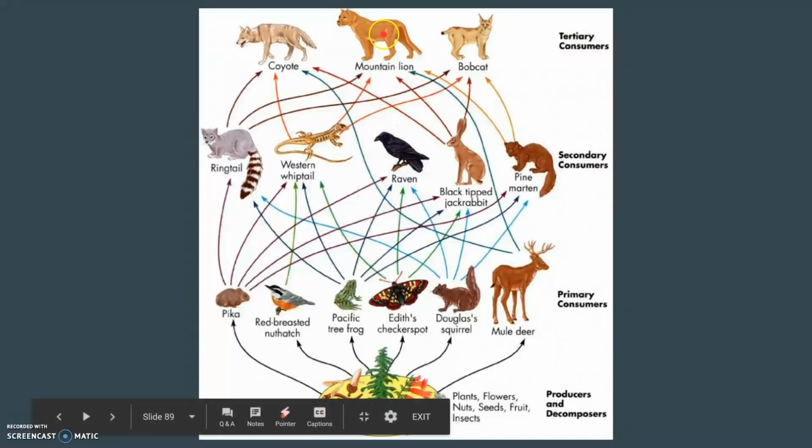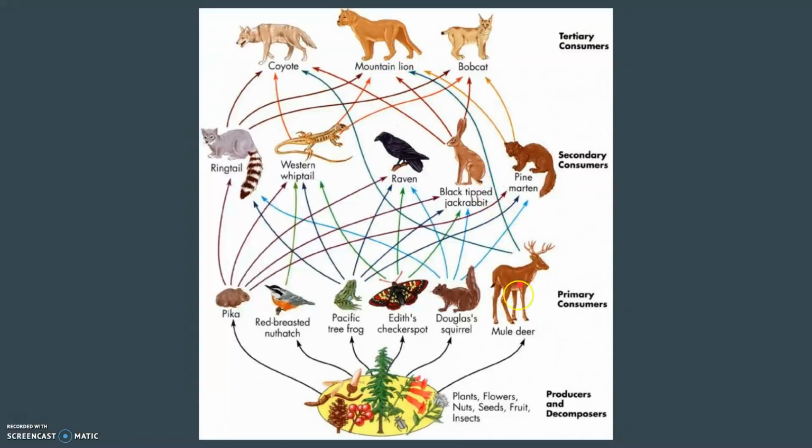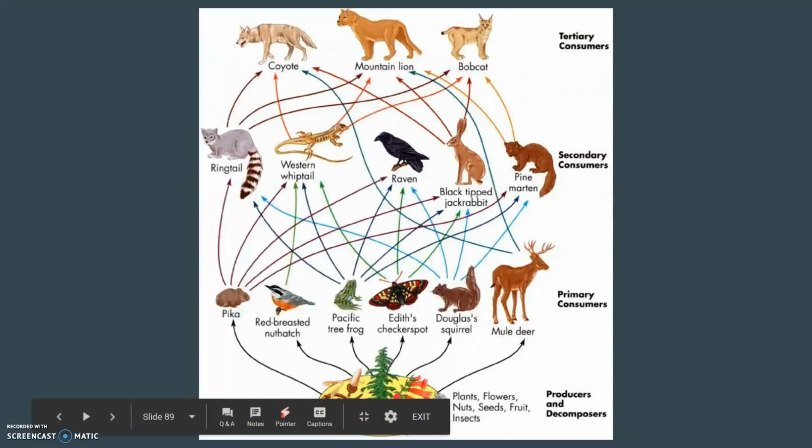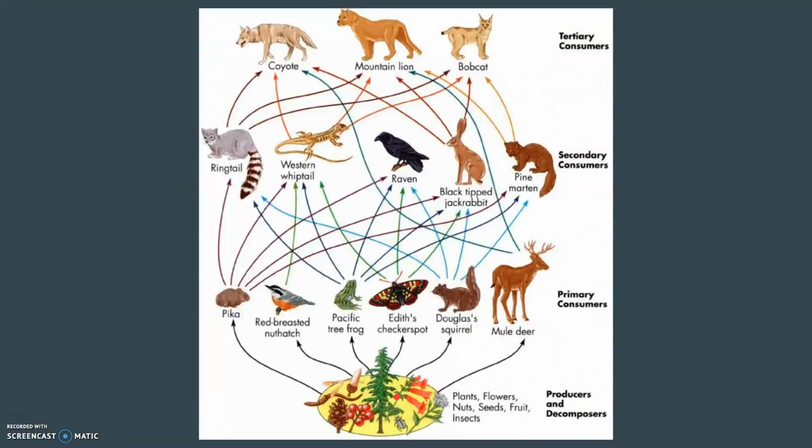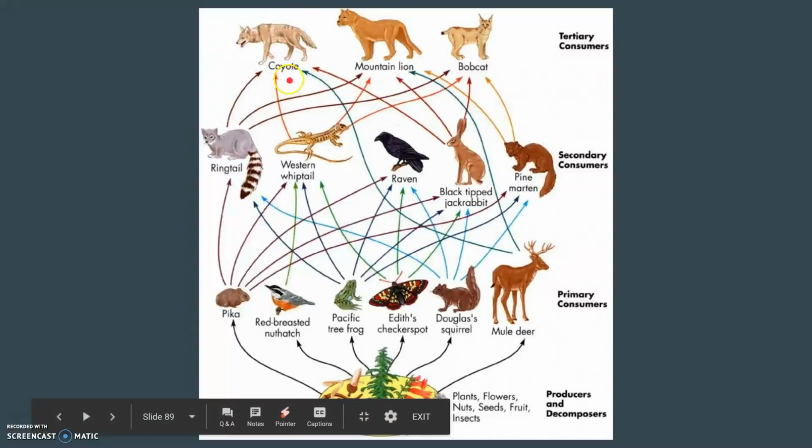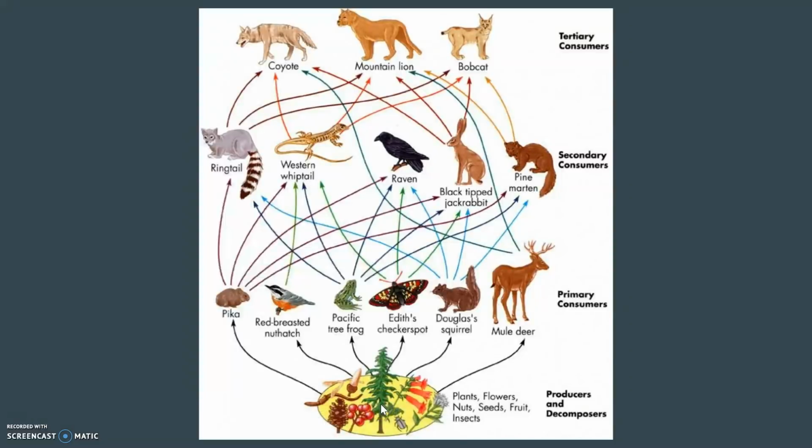So we now have, let's start from the mountain lion. We have 1 jump, 2 jumps. So the mountain lion is both a 2nd and a 3rd level consumer. Let's follow the coyote. Follow this line, 1 jump, 2 jumps. Or we can follow 1, 2, 3. So 2nd and 3rd level consumer.